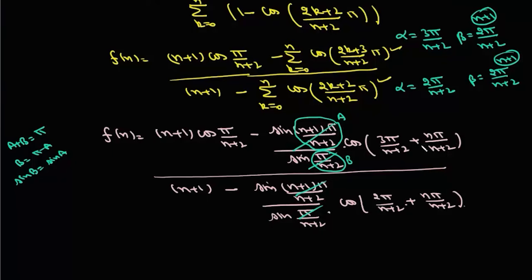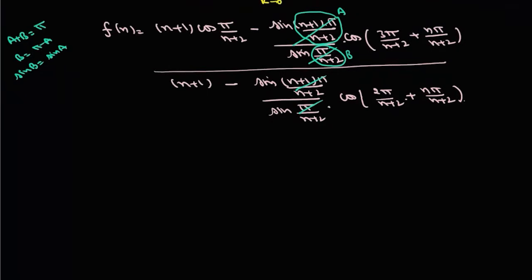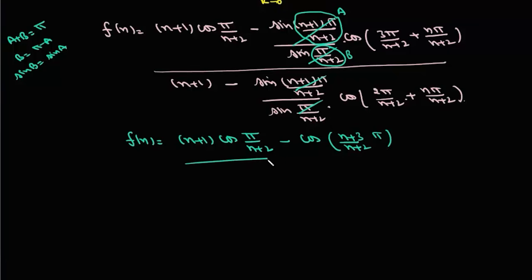Now we'll get fn equal to (n+1) cos(π upon n+2) minus cos((n+3)π upon n+2), and this is (n+1), and minus this is cos π.